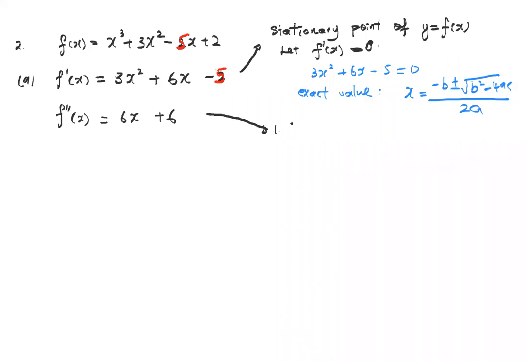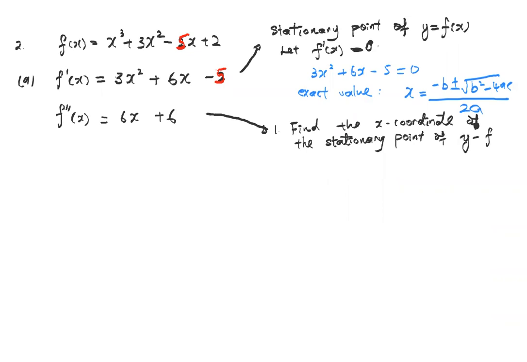First, find the x coordinate of the stationary point of y equal to f prime x.